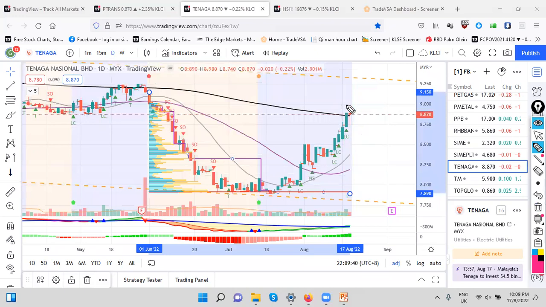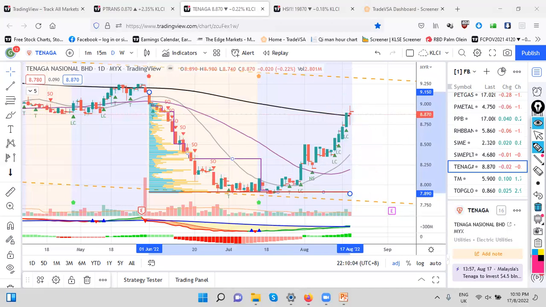But no doubt we cannot know this 100%, we just follow our plan. If the plan has already reached the 200 moving average, take profit. And if the pullback is nice, meaning the volume comes back to this line, then you have a good pullback and why not jump in again.